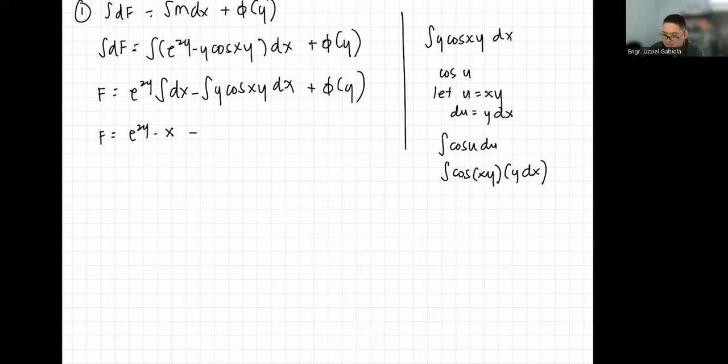Sin u po. Negative sign, positive sign. Positive po. Positive. Okay? So, sine xy. Okay? And then plus phi y. Okay? So, simplify lang natin. This is x e2y minus sine xy plus phi y.